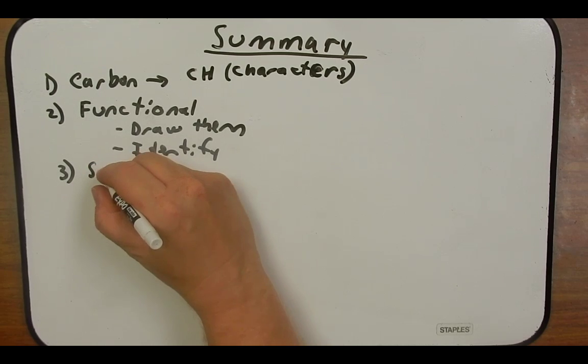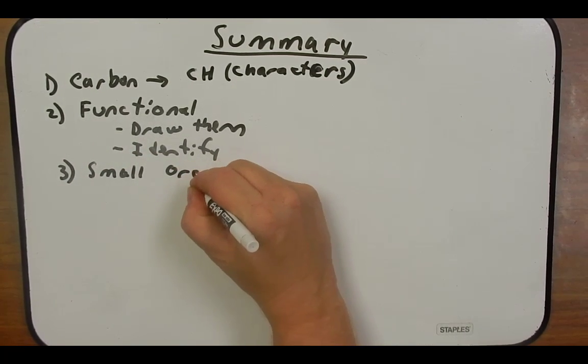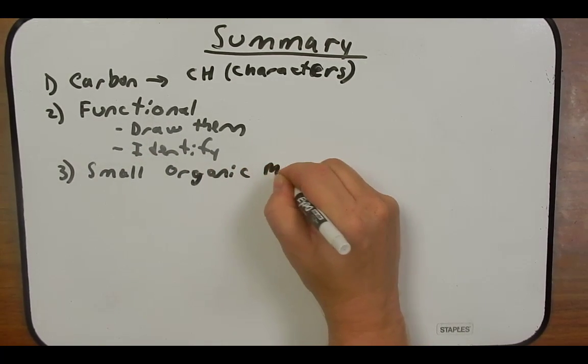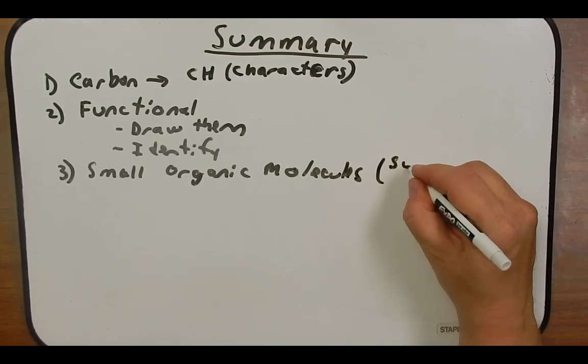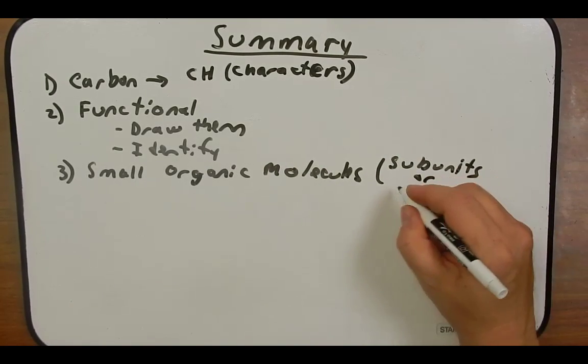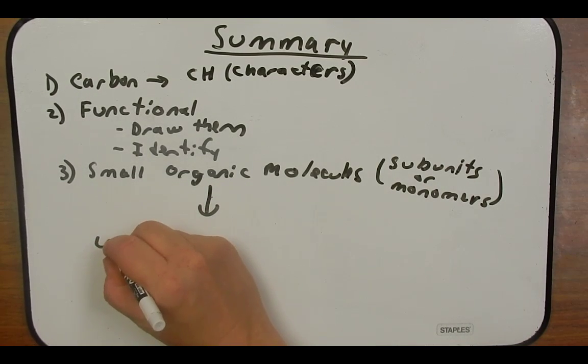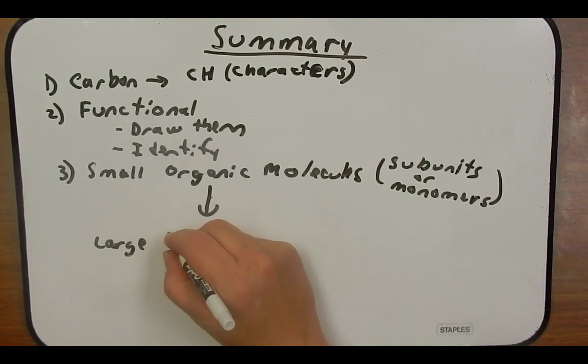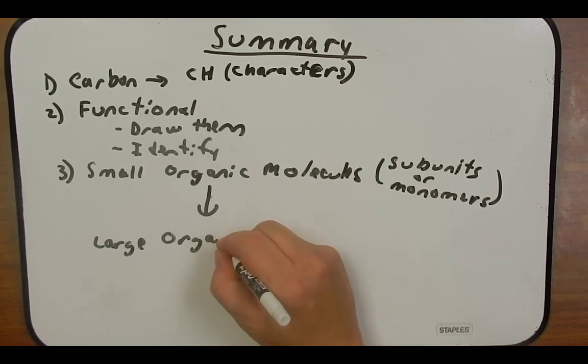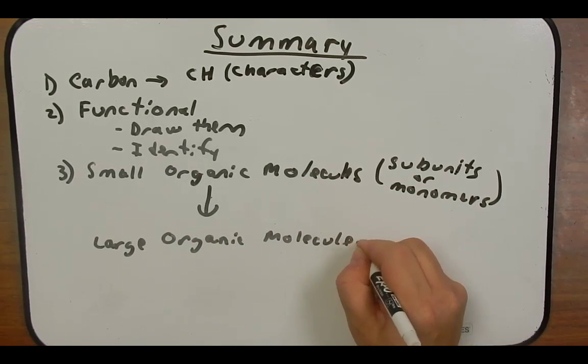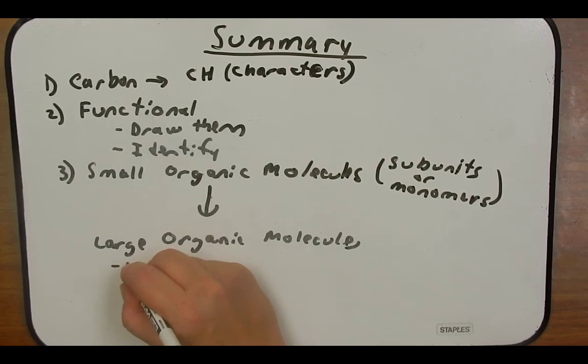We then talked about small organic molecules. Sometimes I mentioned we call those subunits or monomers, and how these small organic molecules then are used to build these large organic molecules, which we typically will call macromolecules.